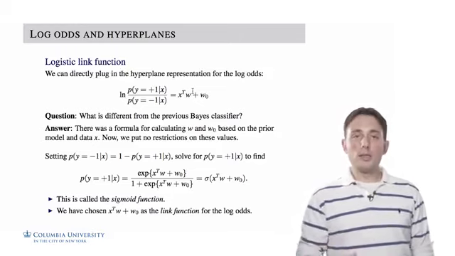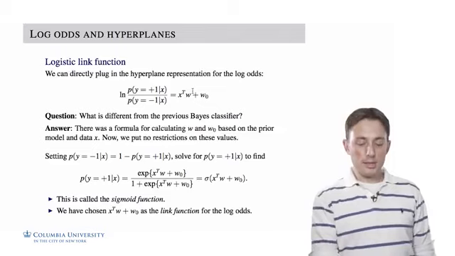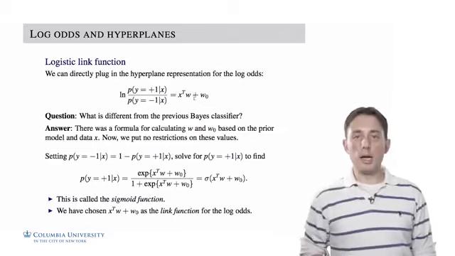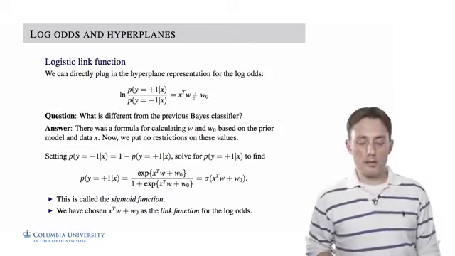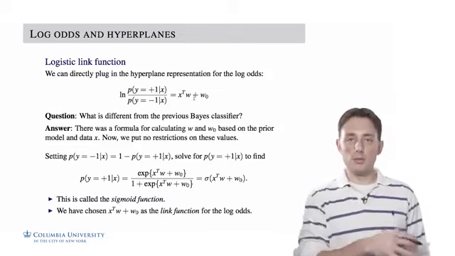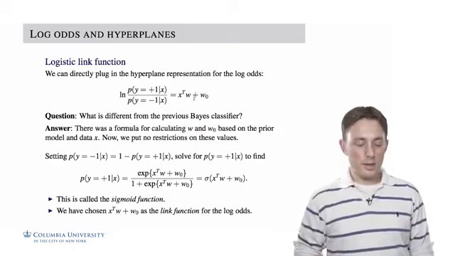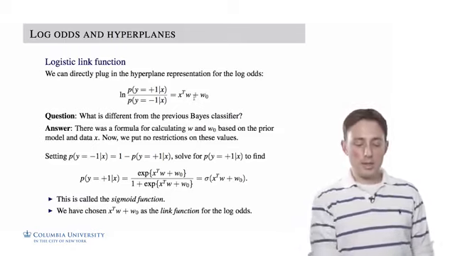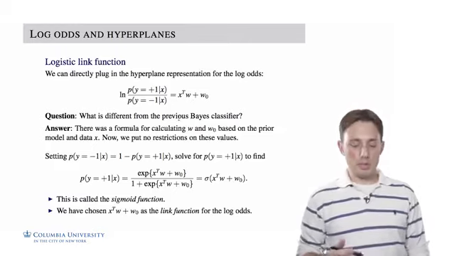And we already know that this has the desirable properties: as this becomes more positive, the more confident we are that the label is on one side of the hyperplane. As it becomes more negative, the farther it is on the other side, and so on. So the first question to ask is, what exactly is different from the previous Bayes classifier?